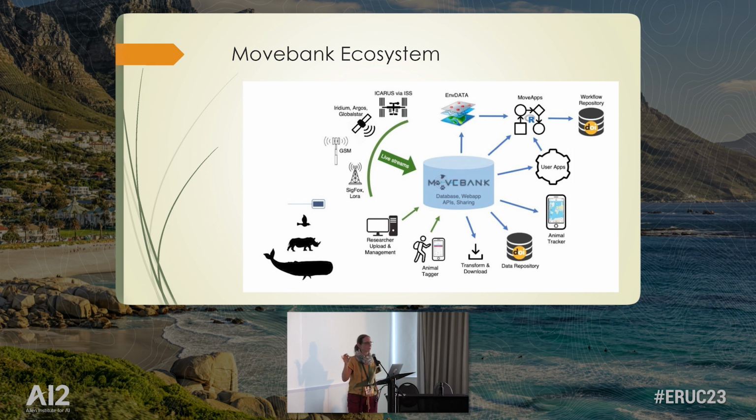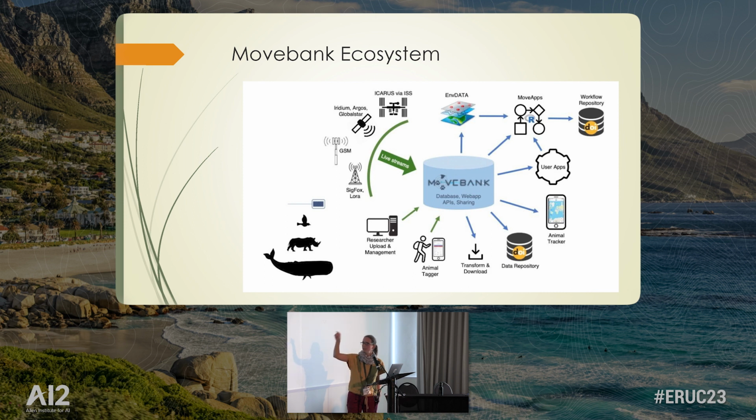So it's a database where you can upload or have live streams of tracking data into, which is then standardized, so you can easily share it, you can easily have it analyzed. But there's a lot of structure around it. We have quite some live streams. I will go into details later of automatic data inflow.